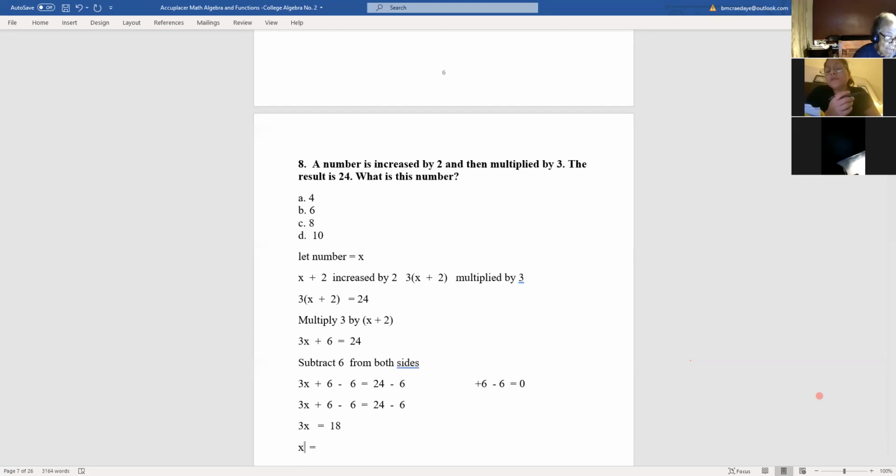That's right. So x has to be 18 divided by 3, equal 6. So what's the answer? 6. A, B, C, or D? Your answer is B.